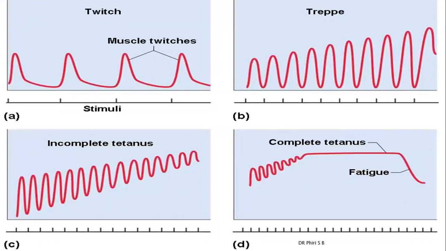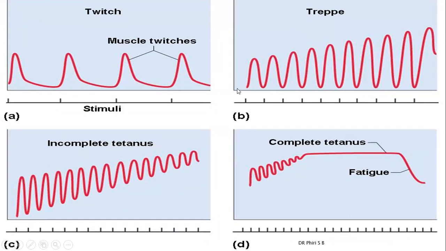So this table is just summarizing everything that we've discussed. We have muscle twitch, single stimulation that results in a single contraction and relaxation. This is called a muscle twitch.